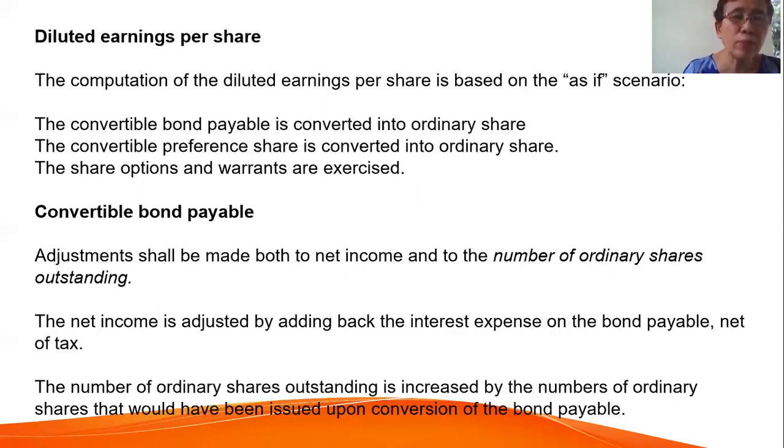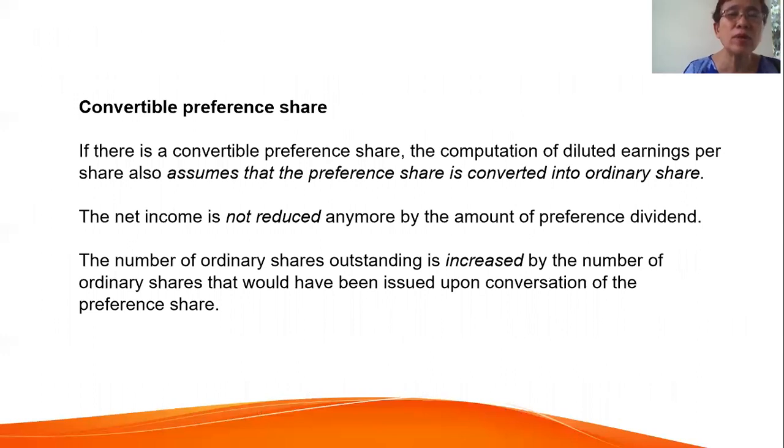Convertible bonds payable adjustments shall be made both to net income and to the number of ordinary shares outstanding. The net income is adjusted by adding back the interest expense on the bonds payable net of tax. The number of ordinary shares outstanding is increased by the number of ordinary shares that would have been issued upon conversion of the bonds payable.